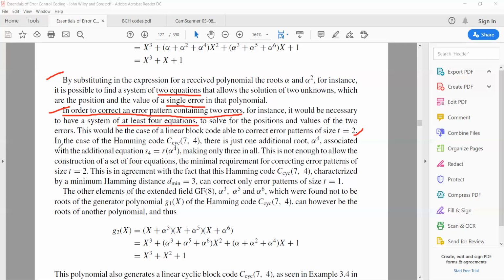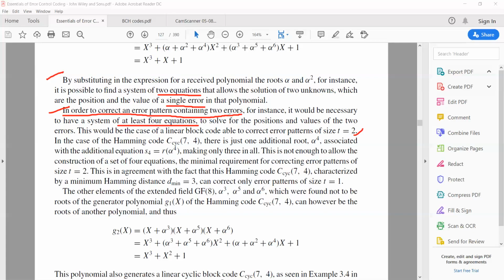Now, in the case of the Hamming code, there is just one additional root, alpha to the power 4, associated with the additional equation, making only 3 in all. There was alpha and alpha square, and by replacing alpha and alpha square, we were making two equations for the single error.